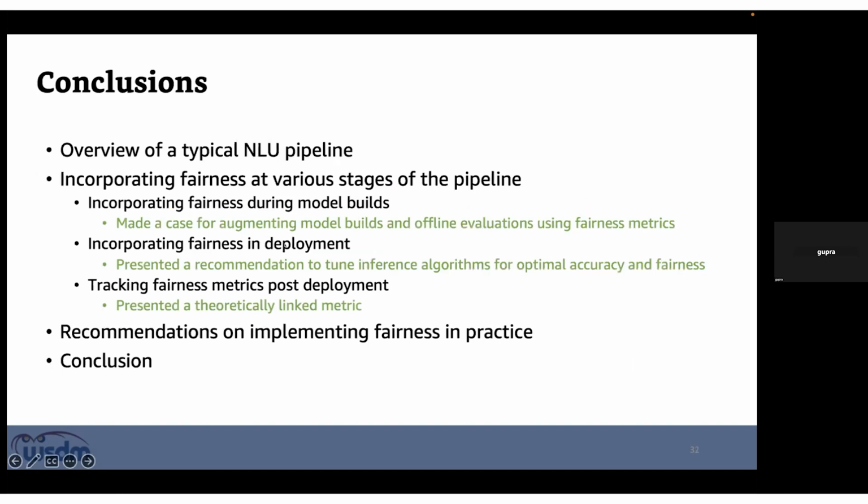Incorporating fairness in deployment, where I talked about carefully fine tuning hyperparameters of decoding algorithms that are typically used in large language models. Tracking fairness using a metric that we came up with. And then finally, I presented some recommendations on having these algorithms be tightly knit to the regular model building process.